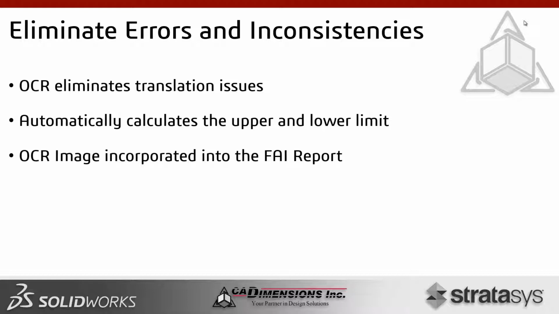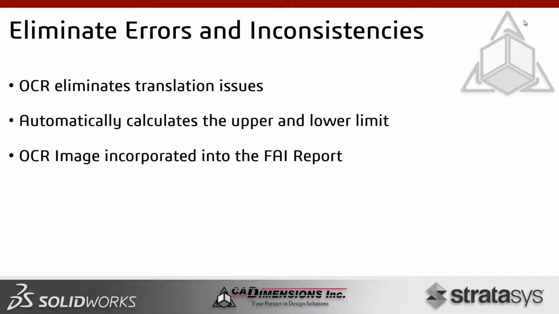Another thing that is nice, included in SolidWorks Inspection, you have the ability to take that image capture that you grab using SolidWorks Inspection, and put that in your first article inspection report. If for some reason there's a translation issue or the OCR recognizes it wrong, looking at your report, you'll actually see the capture from the drawing on the first article inspection report.